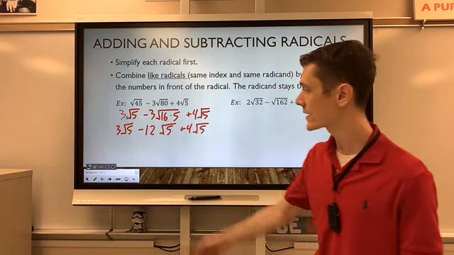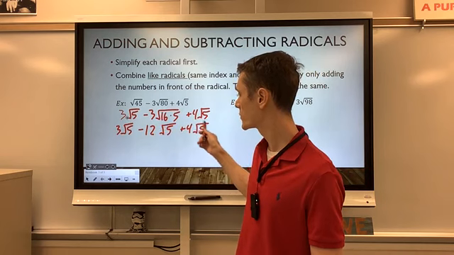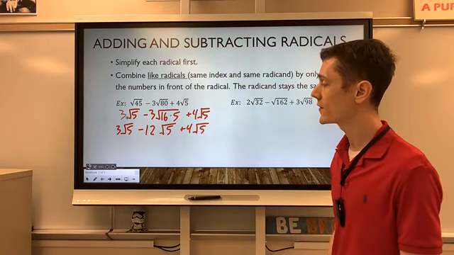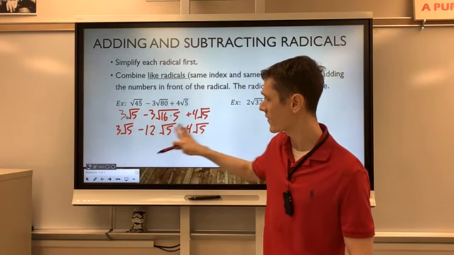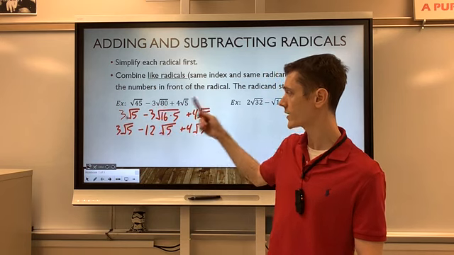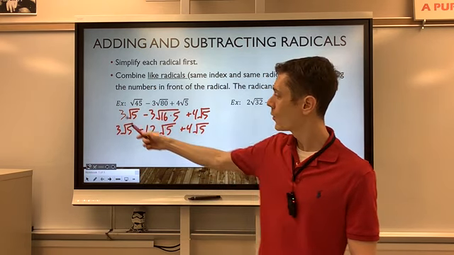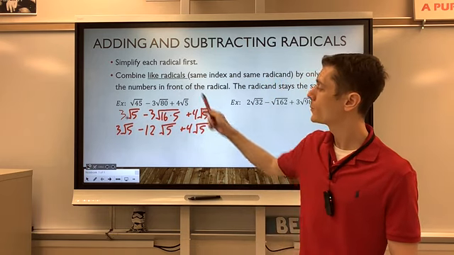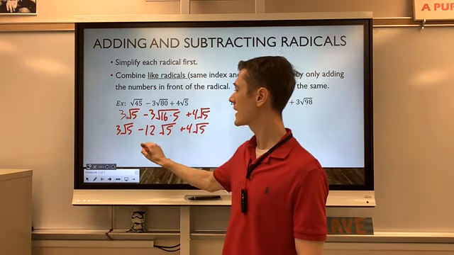And they all have a radicand of 5, which means that these are in fact like radicals since the radicands all match. So at this point, I can just ignore the square root of 5 and pretend it's an x. So pretend this says 3x minus 12x plus 4x. Well, 3x minus 12x is negative 9x, plus 4 more is going to be negative 5x.